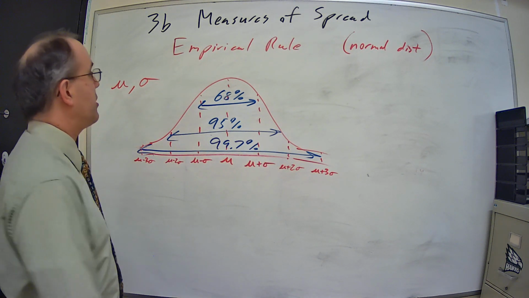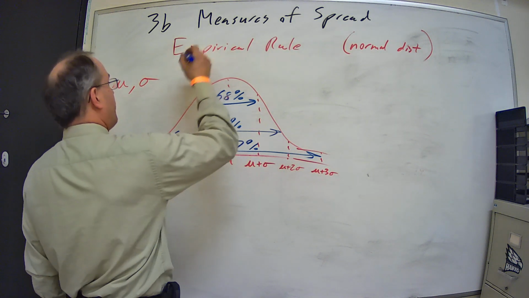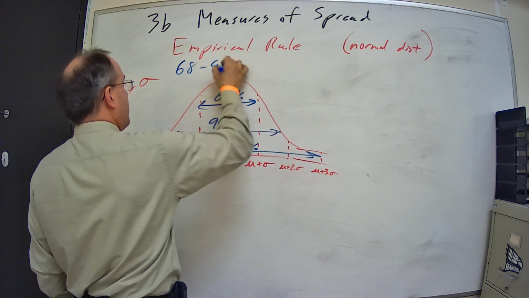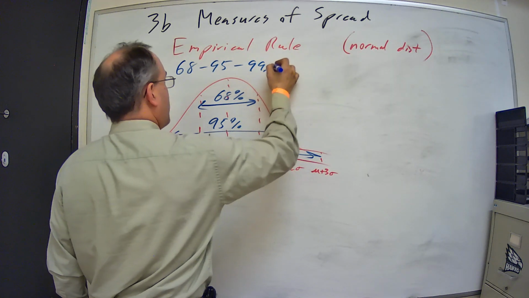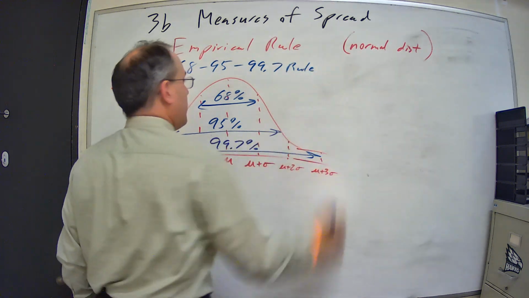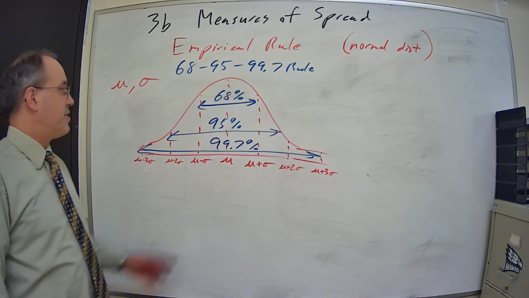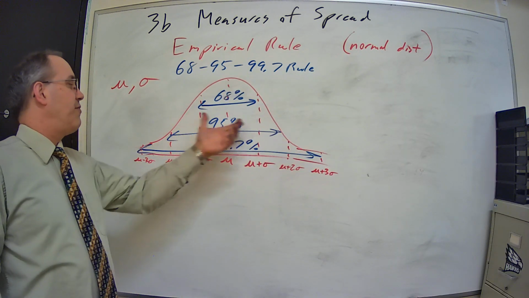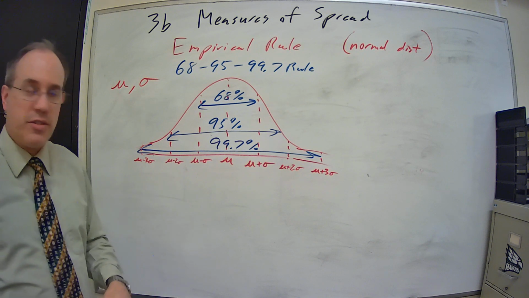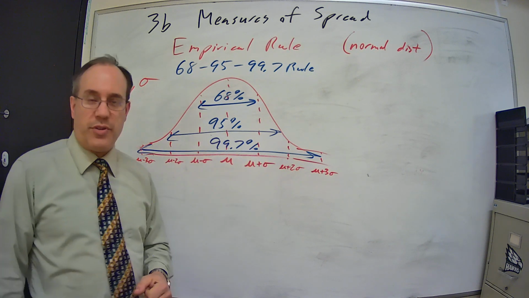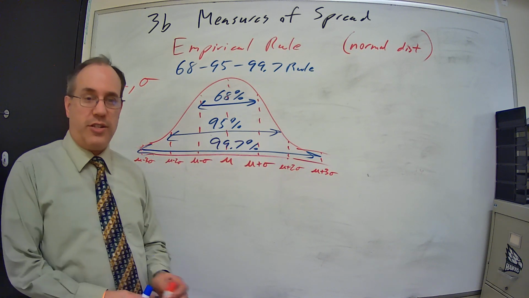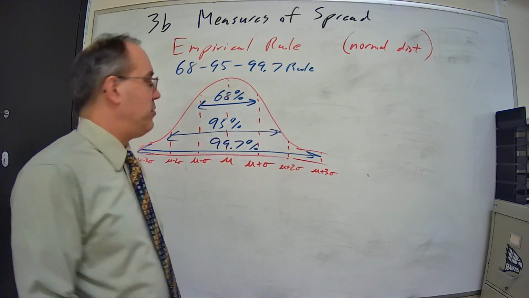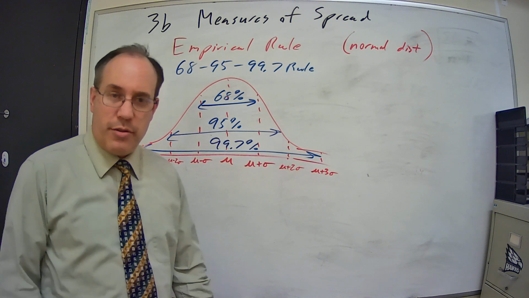And for that reason, the empirical rule is sometimes referred to as the 68, 95, 99.7 rule. I know, very creative. Because 68% of the data will be within 1 standard deviation of the mean, 95% of the data within 2 standard deviations of the mean, and 99.7% of the data within 3 standard deviations of the mean. Well, that's great, but who cares?